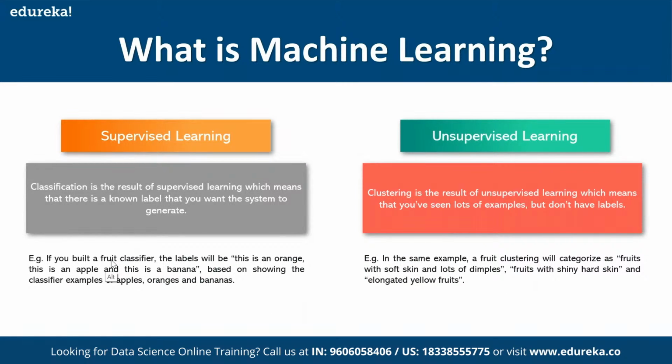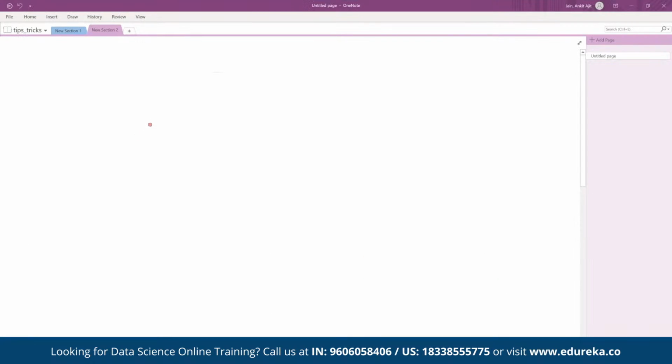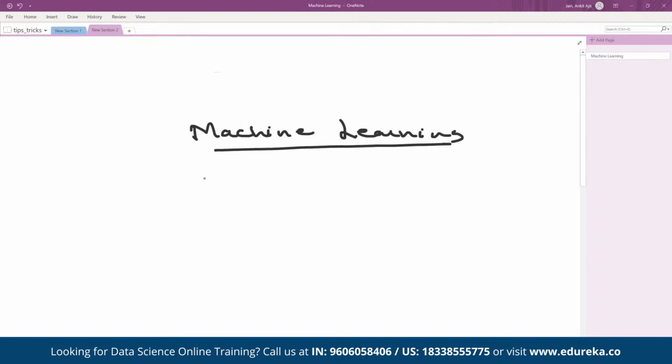So if I may explain you, basically machine learning is a way to create AI. Is it clear? Machine learning is one of the methods through which we will create AI, that is artificial intelligence.